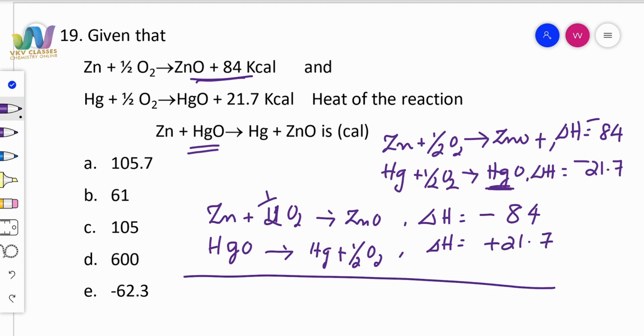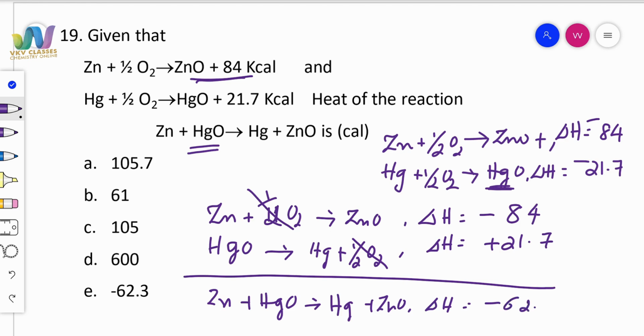So when you are adding this, you will get half O2 and half O2 will get cancelled. Zinc plus HgO gives Hg plus ZnO. Delta H is equal to minus 63.3. So E is the right answer.